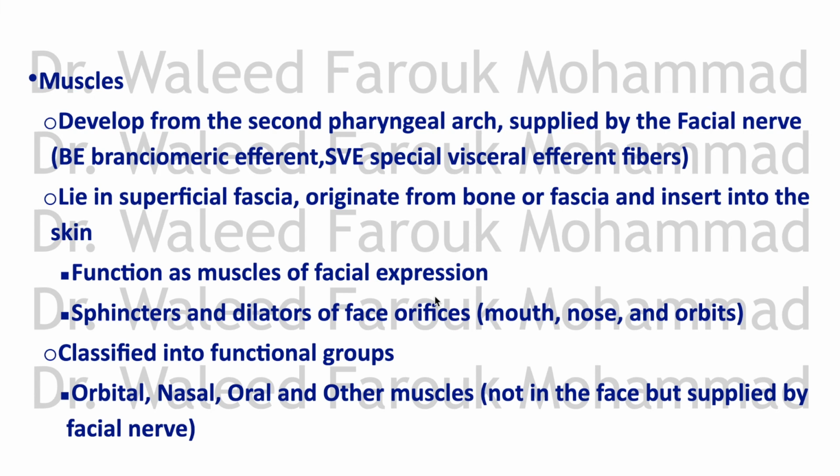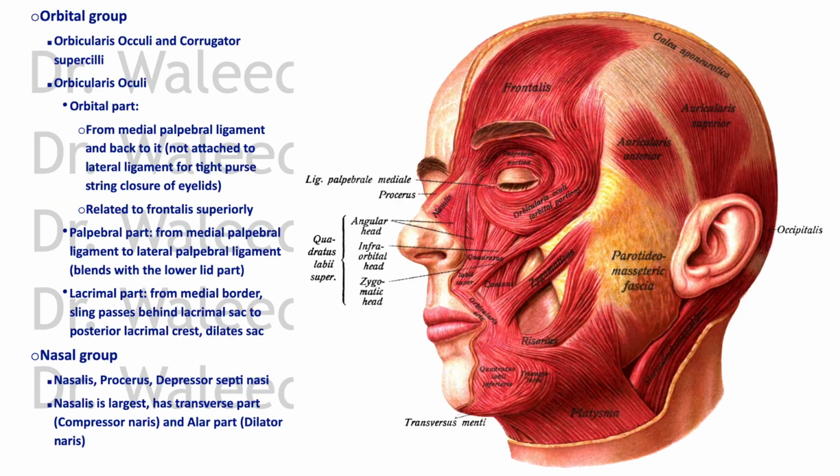So a better way to study the facial muscles is to classify them into groups: orbital group, nasal group, oral group, and other muscles that don't belong to these groups. The orbital group, let's take, of course, the orbicularis oculi and the corrugator supercilii.